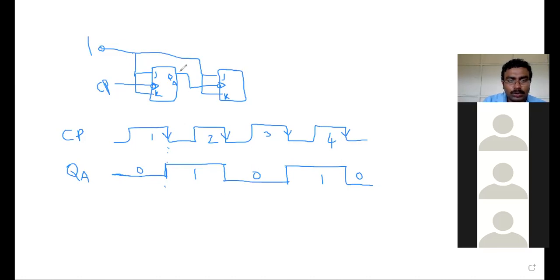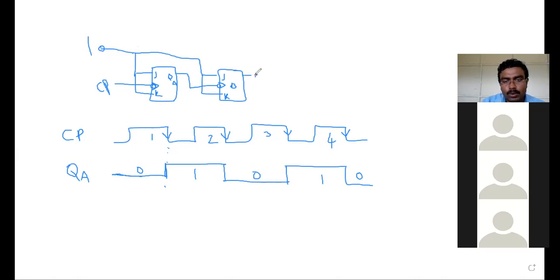Now, this QA is given as the clock pulse to the second flip-flop. The inputs of the second flip-flop are also kept at 1. If the inputs J, K are 1, flip-flop B will also be in toggle state.